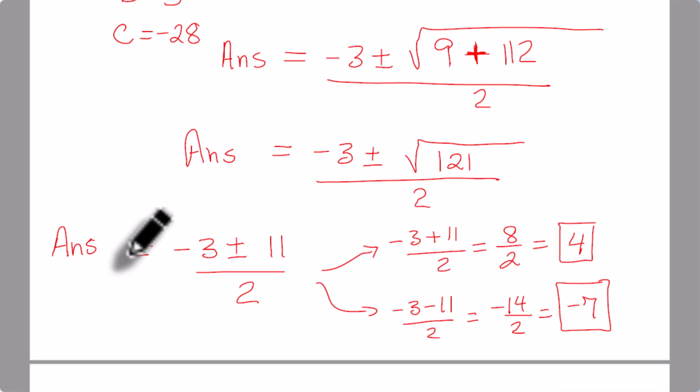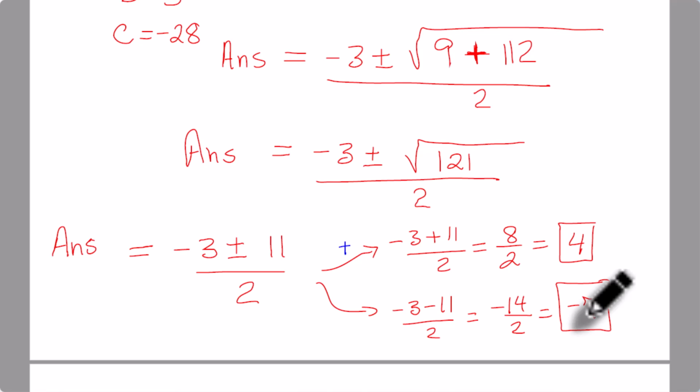And so my answers are minus 3 plus or minus 11 over 2. If I use the plus, it's minus 3 plus 11, which is 8. 8 over 2 is 4. Minus 3 minus 11 is minus 14. Minus 14 over 2 is minus 7. So there are my two answers.